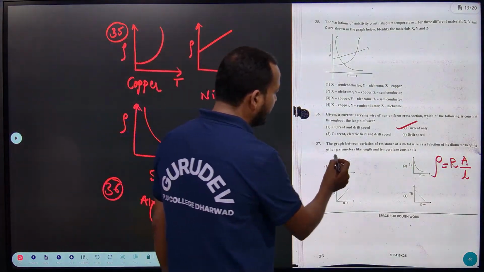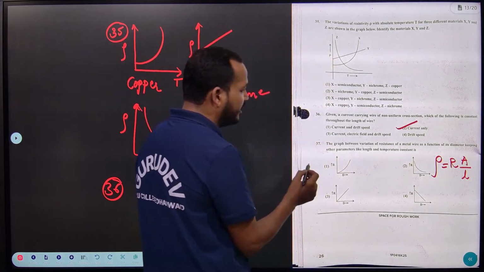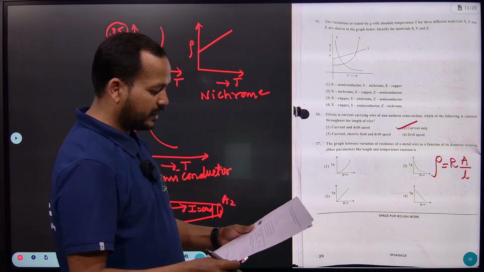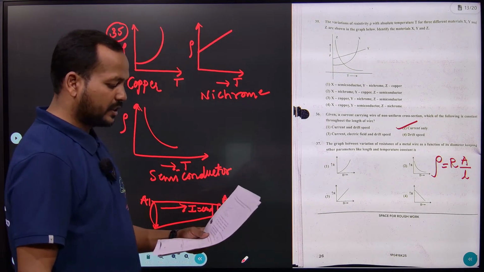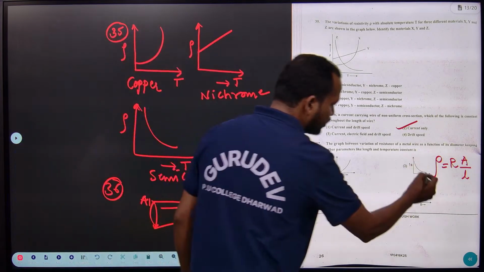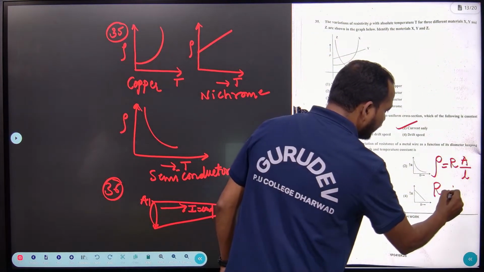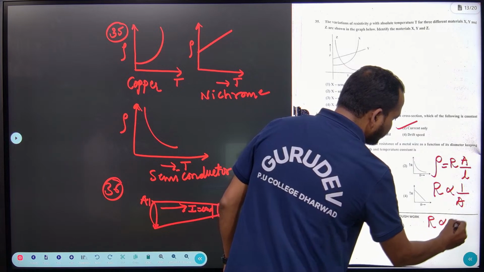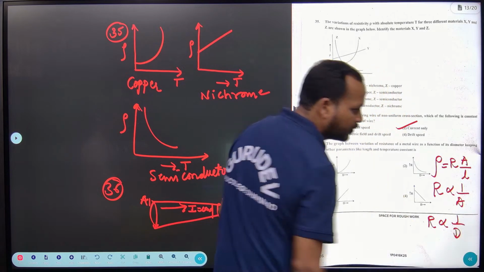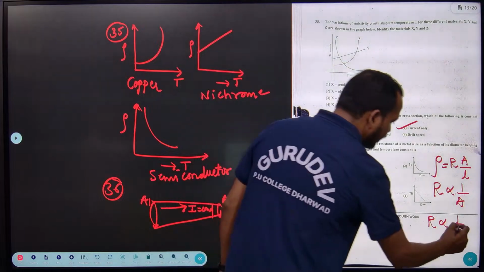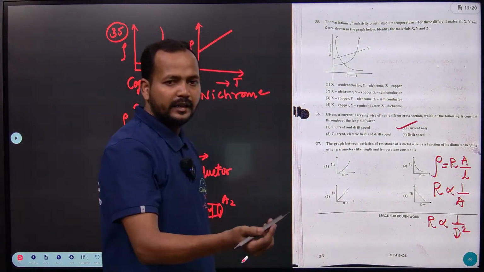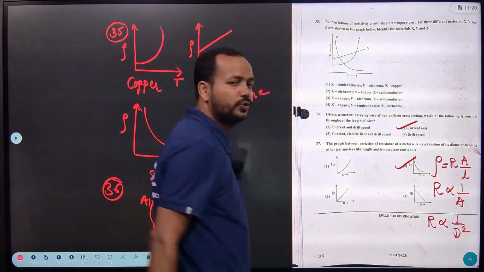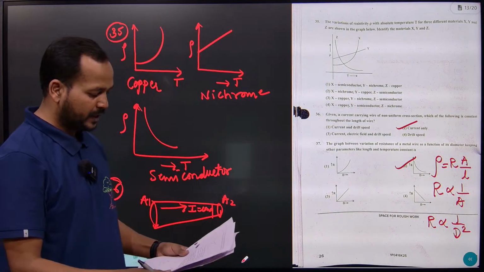So they are taking other parameters like length and temperature constant, and the graph variation is between resistance of the wire and a function of its diameter. So resistance is inversely proportional to area. From this formula you can say resistance is inversely proportional to area. So you can write resistance is inversely proportional to the square of the diameter. When it is the square of the diameter, you can observe that it is parabolic and decreasing, hence the option is 2. Second option is correct. Okay, next.